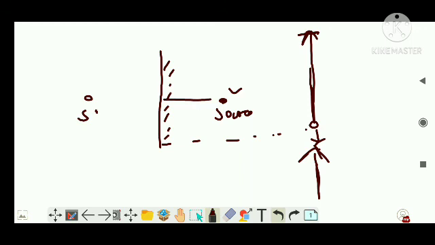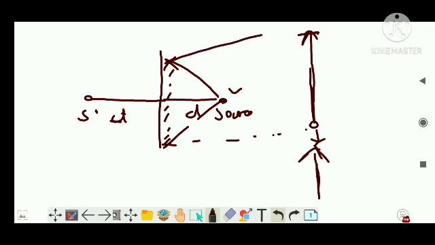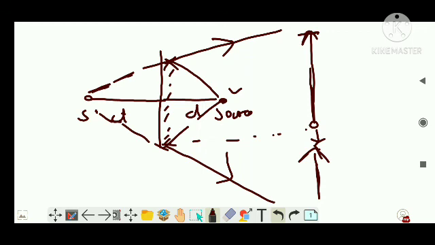If the source is at distance D, then the image is also at distance D. Now the source will have an incident ray, and its reflection will be in this direction, which appears to meet at the image. So this is the reflected ray, and from this range to this range you can see.